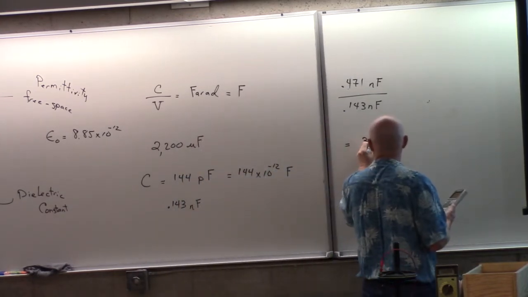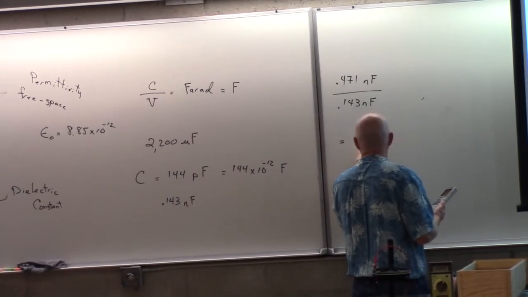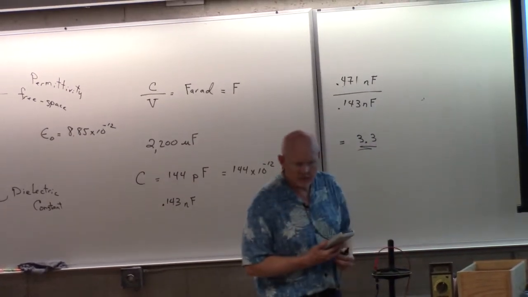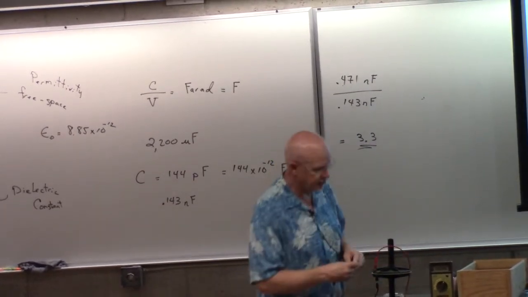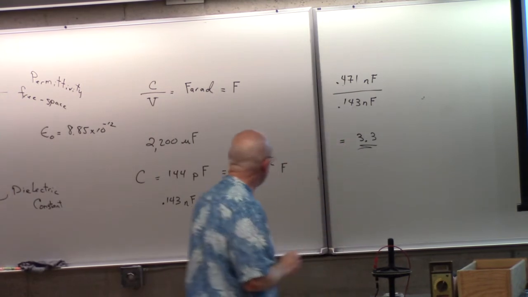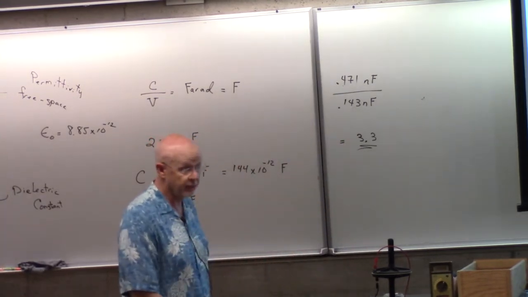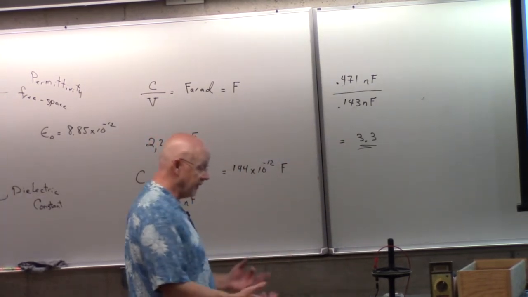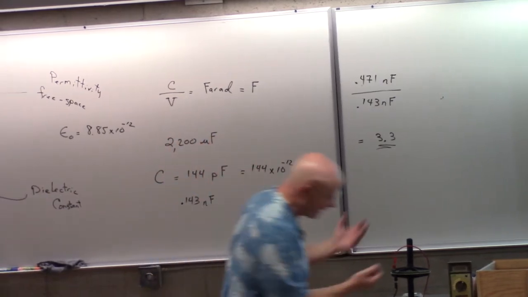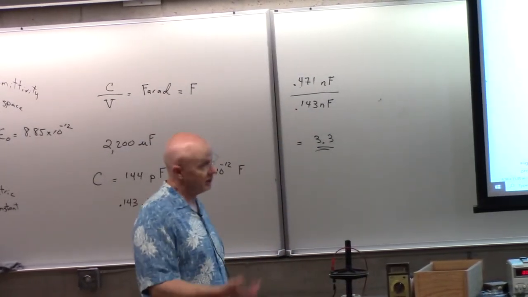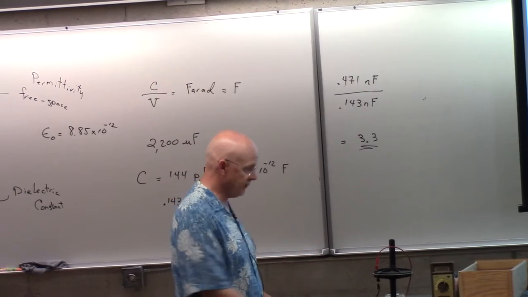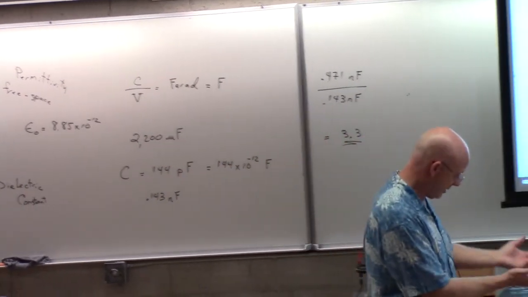So my dielectric constant for my vinyl, it's actually kind of a dual vinyl, two different types meshed together, comes out to be 3.3. The good thing about this piece of vinyl is I can get bigger capacitance. The bad thing is now I give a place for, as you saw, the sparks and all this stuff to explode on me.